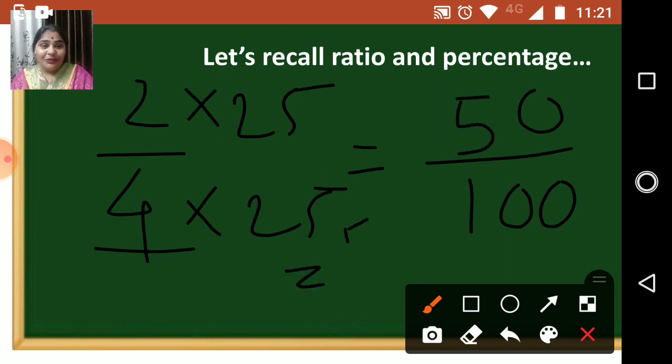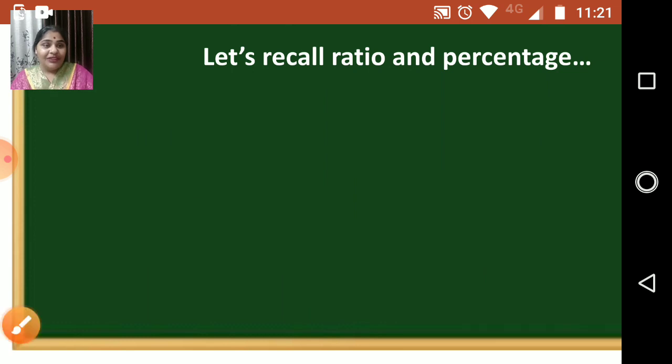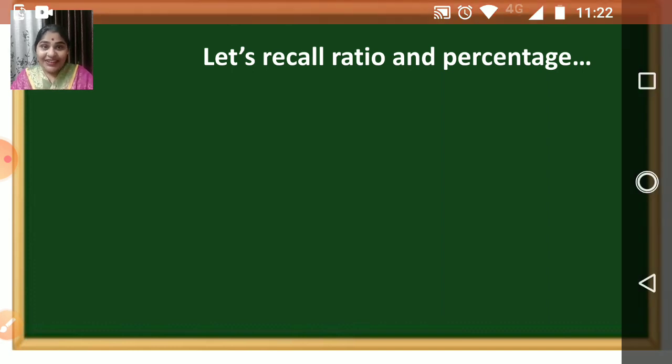So it will be equal to 50%. Yes or no? So these topics we have already learned, that is how to convert the given fraction into percentage, or percentage into fraction or ratio, right? So now let us continue with this chapter children, depending on all these basic things. So there is the first exercise, okay?